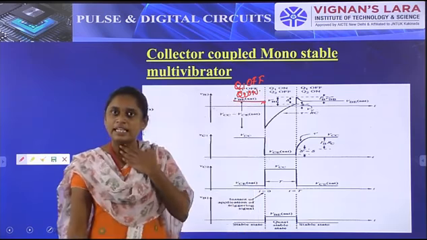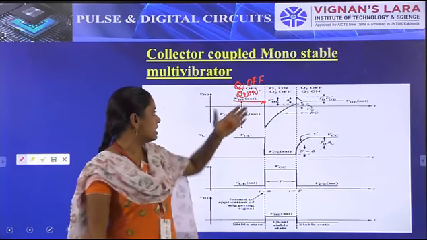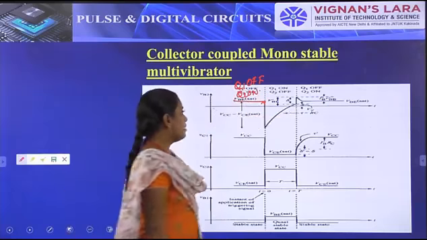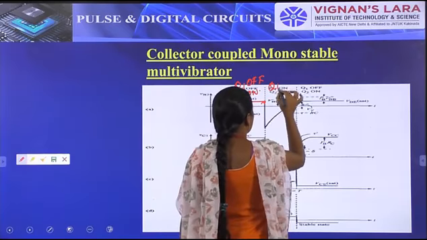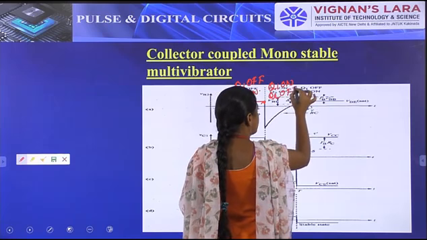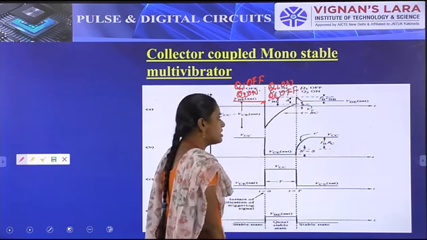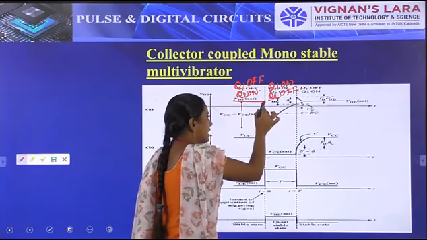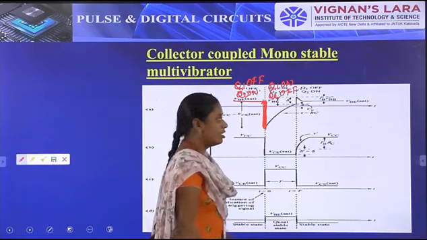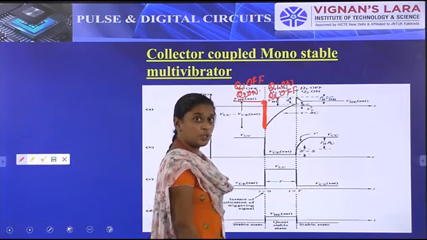With an external triggering pulse only can we change this state, that is we move to Q1 in on condition and Q2 in off condition. In this time obviously the voltage will decrease in the negative direction. Q1 is in on condition and Q2 is off condition.